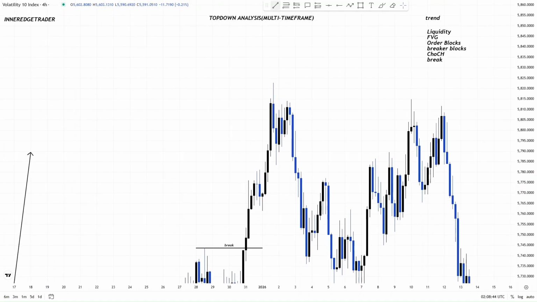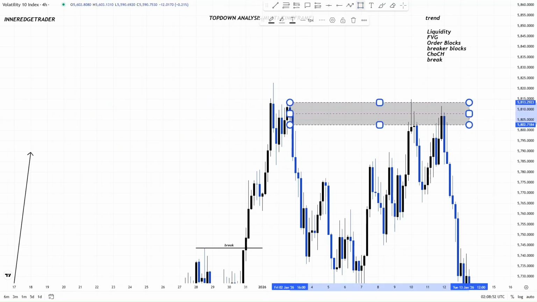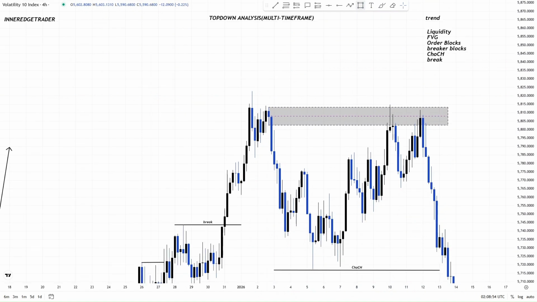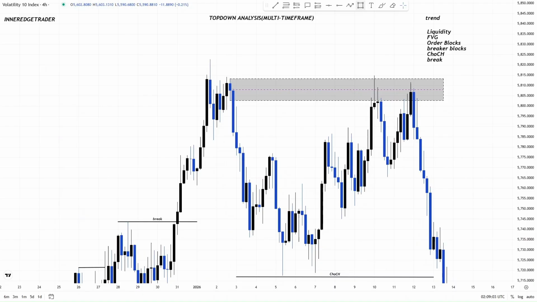So if you notice this other block, it looks valid. This is the last candle that happened, but this simple trick that happened right here, market literally just swept above before using it.